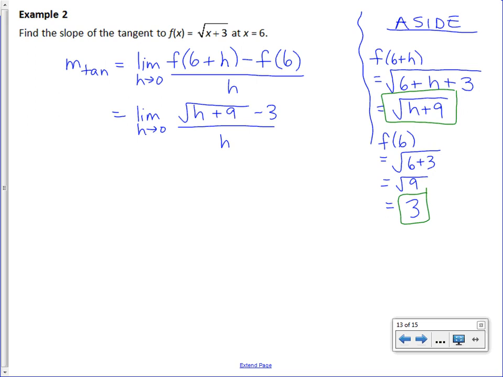last year, there was a little bonus topic you did. Logarithms? No, not the big one. That was the big bonus topic. There was a little tiny one, rationalizing. You remember rationalizing?